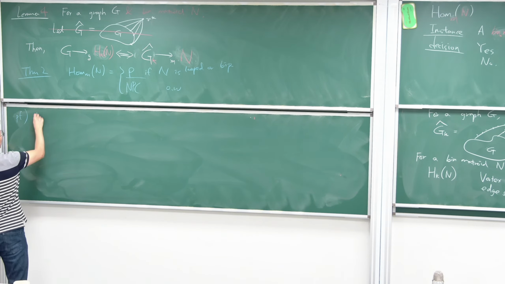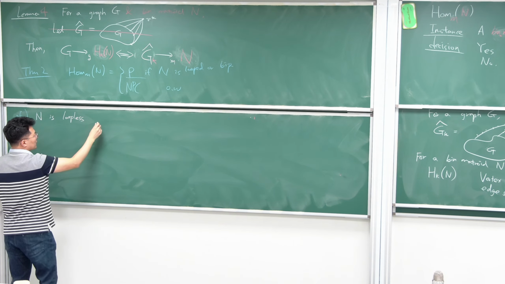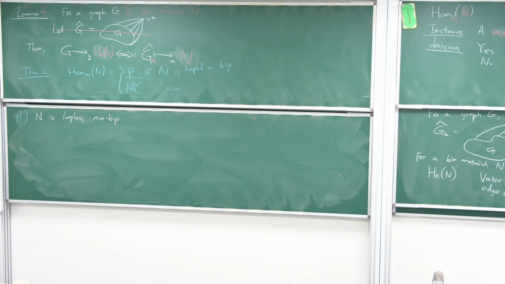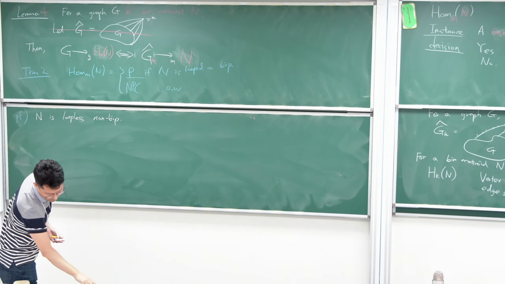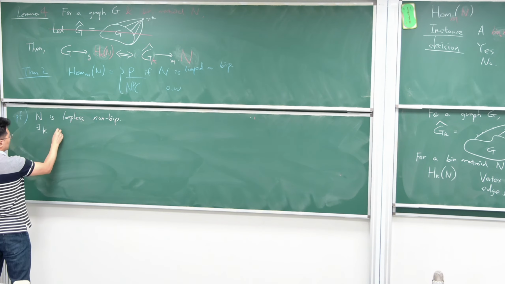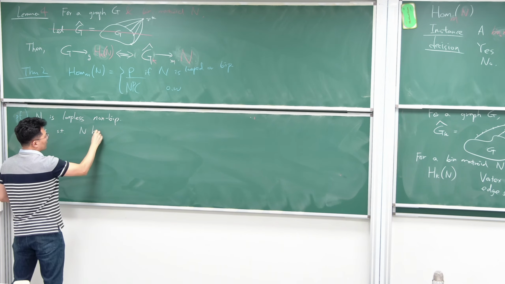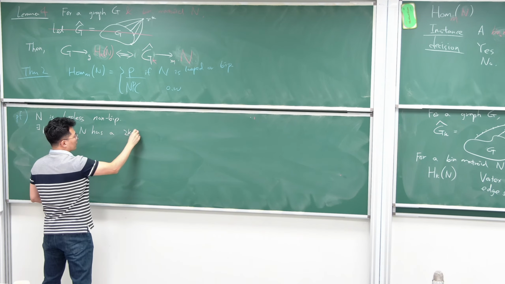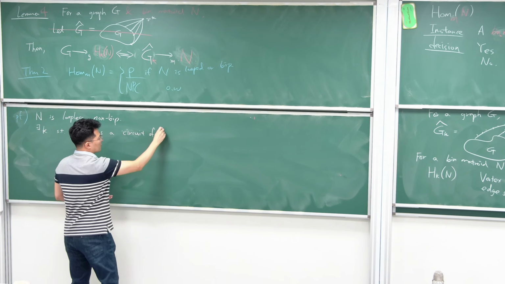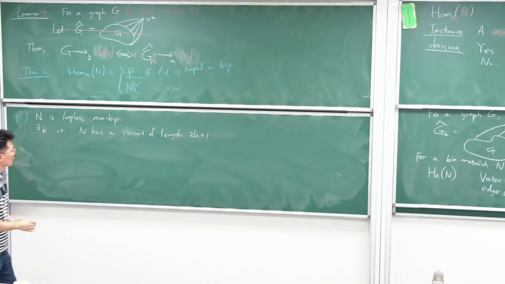Let's say N is loopless and non-bipartite. Then there is an integer k such that N has a circuit of length 2k plus 1.